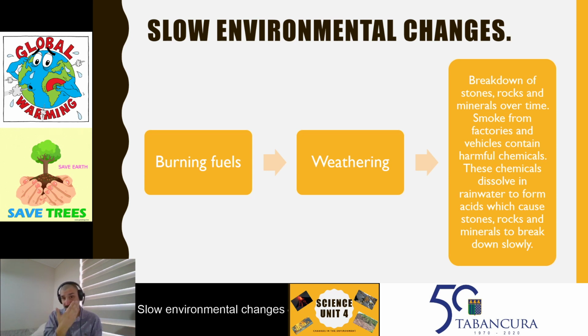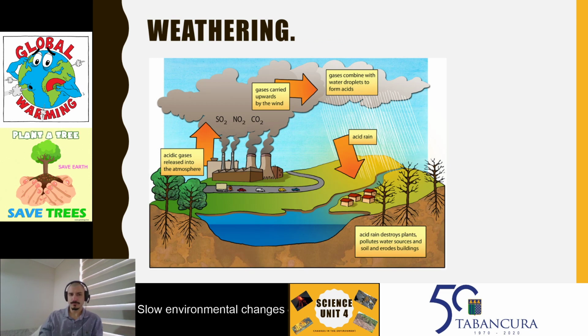So as it says here, these chemicals dissolve in rainwater to form acids or acid rain, which cause stones, rocks, and minerals to break down slowly. I'm going to explain this now. These acidic gases are released into the atmosphere and carried upwards by the wind.